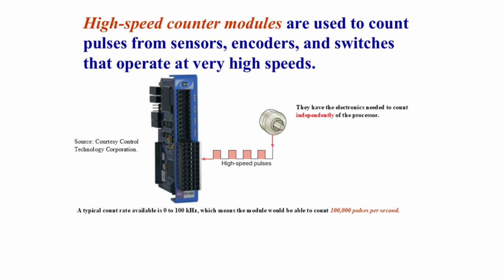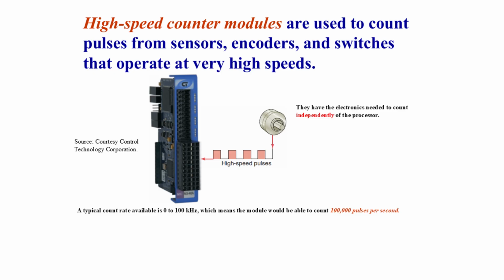Now, let's examine some special types of analog modules. High-speed counter modules are designed to capture pulses from sensors, encoders, and switches that operate at very high speeds. Unlike standard input modules, these counters contain their own electronics that allow them to count independently of the PLC processor, ensuring no pulses are missed.